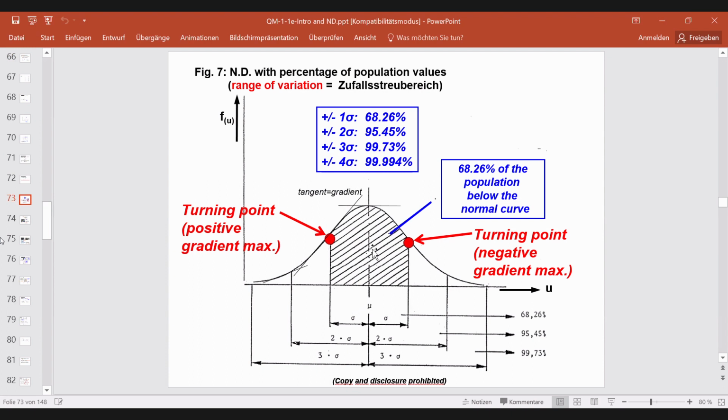So again, the distance from the mean to the turning point is 1 sigma, and all the other limits here are factors of 2 sigma, 3 sigma, 4 sigma on to the right side and here to the left side. We will need this a few times in the next sheets.